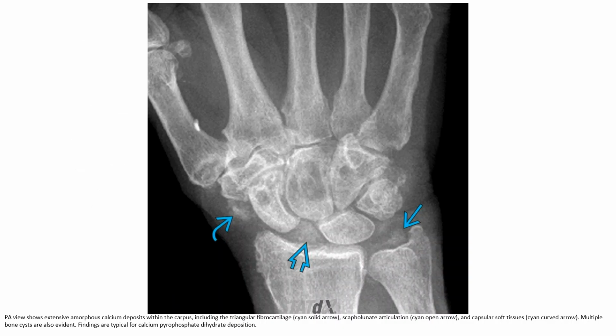On this PA view, there is extensive amorphous calcification within the carpus, including the triangular fibrocartilage, scapholunate articulation, and capsular soft tissue. Multiple bones are also involved. Findings are typical for calcium pyrophosphate dihydrate deposition.